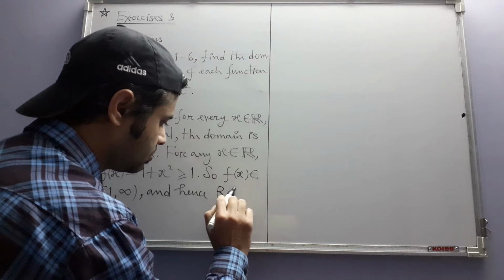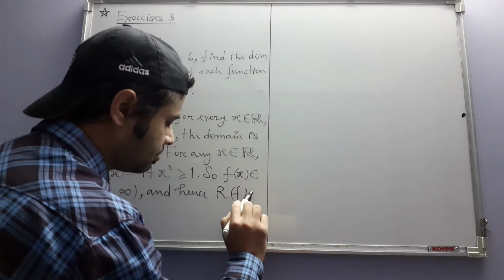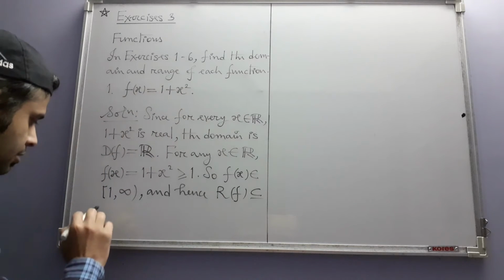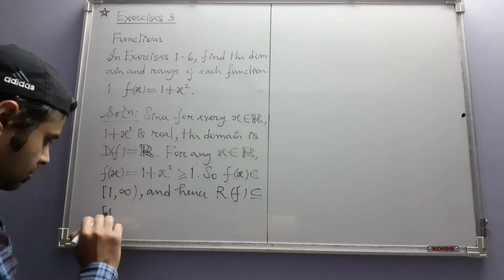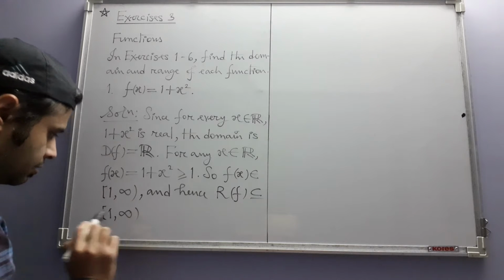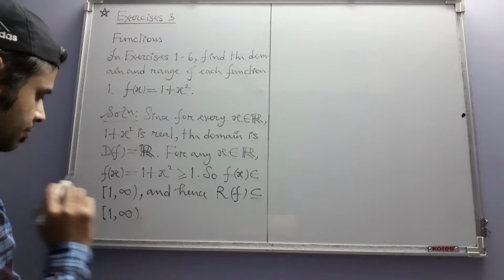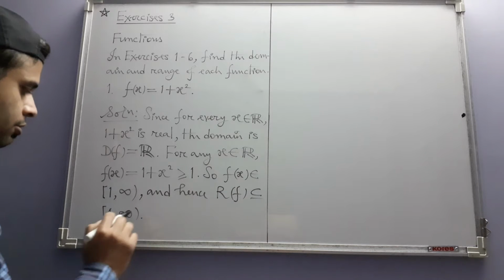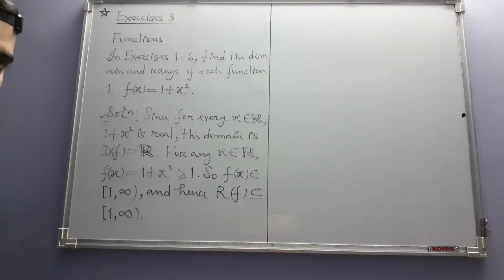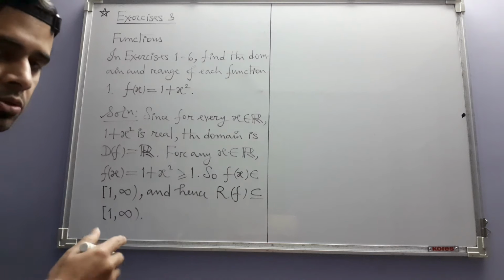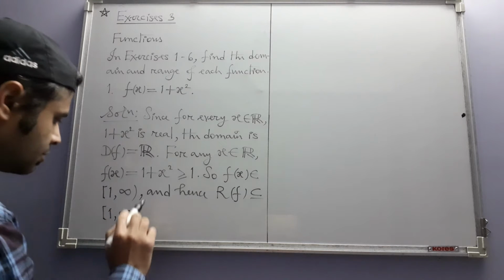So the range of f is contained in this closed ray 1, infinity. Now we want to show that it's actually equal to this. For that we have to prove the reverse inclusion.